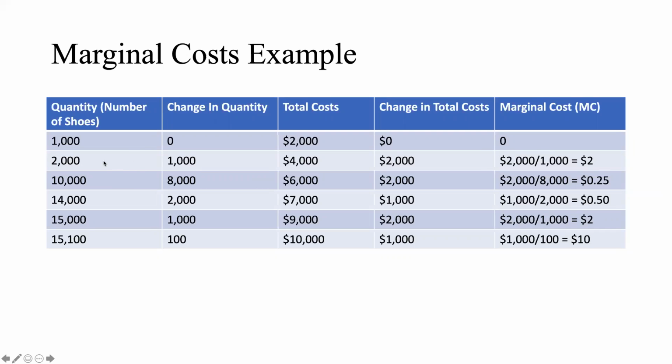If we're moving from 2,000 to 10,000, that's going to be a change in quantity of 8,000 and a change in total cost of 2,000. So in this case, we're going to take 2,000 divided by 8,000, which is going to give us a marginal cost of 25 cents. So note that marginal costs can increase and decrease over different parts and different production points as well.